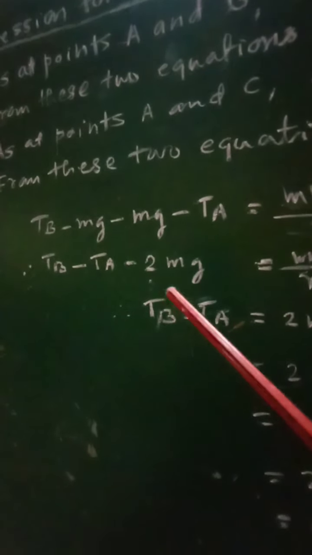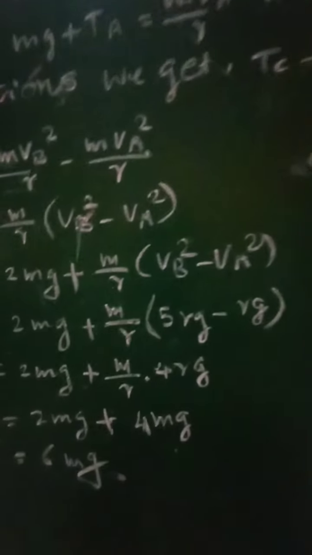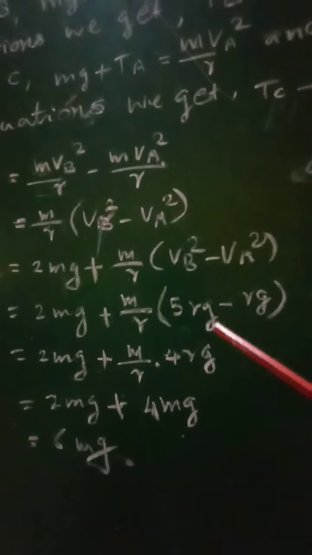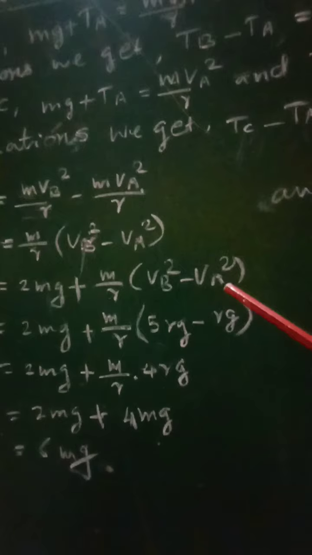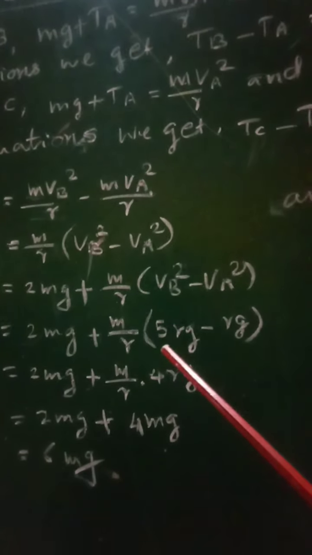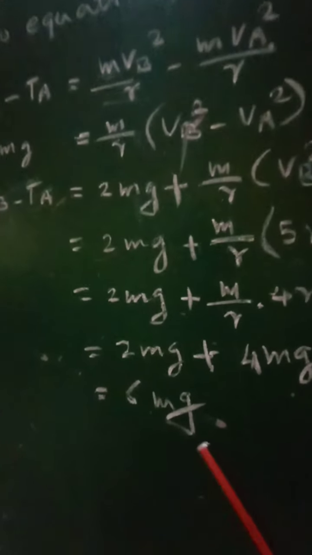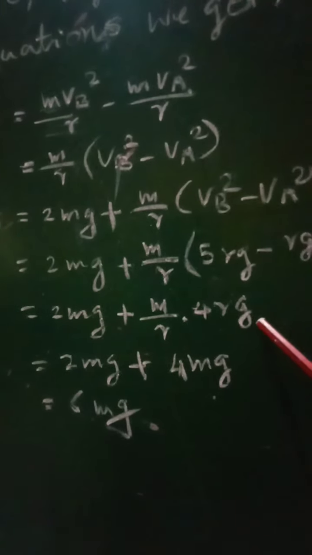Therefore TB minus TA equals 2 mg plus m by r into Vb square minus Va square, and replacing Vb square and Va square, we write 2 mg plus m by r into 5rg minus rg, which is 2 mg plus m by r into 4rg.